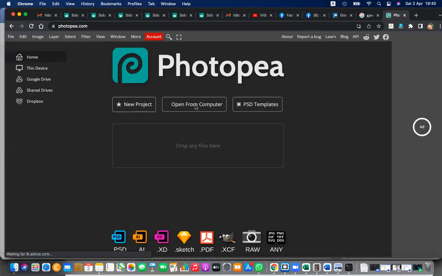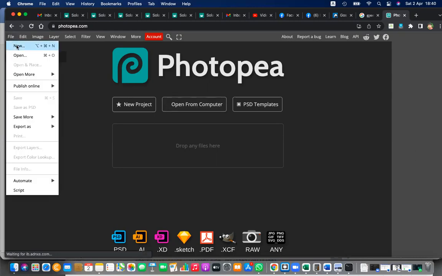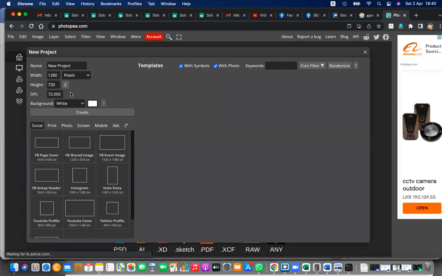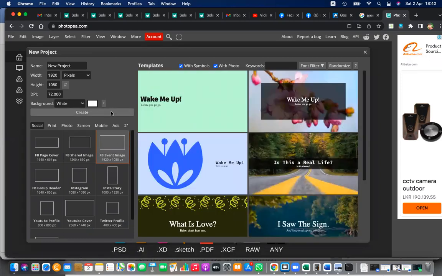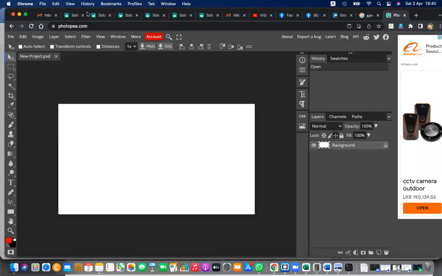You can see this is a software, but it is a web-based software. If I try to open something, let's say a new file, and create, see the interface, it looks like Photoshop.